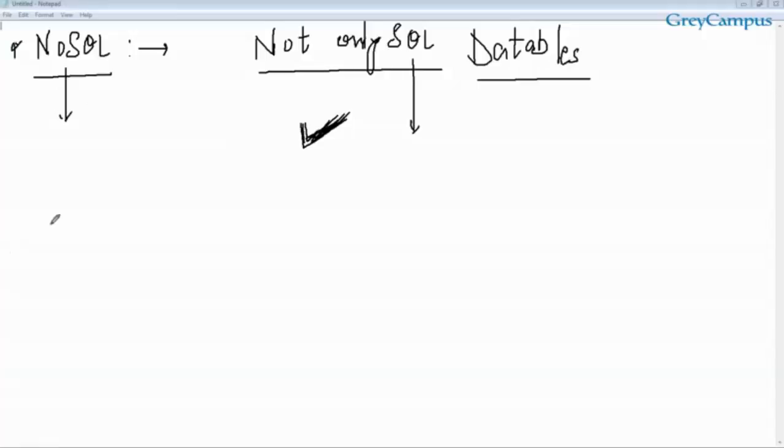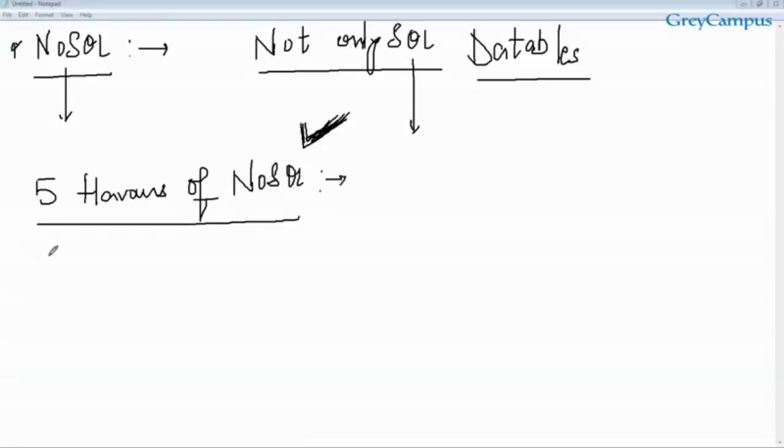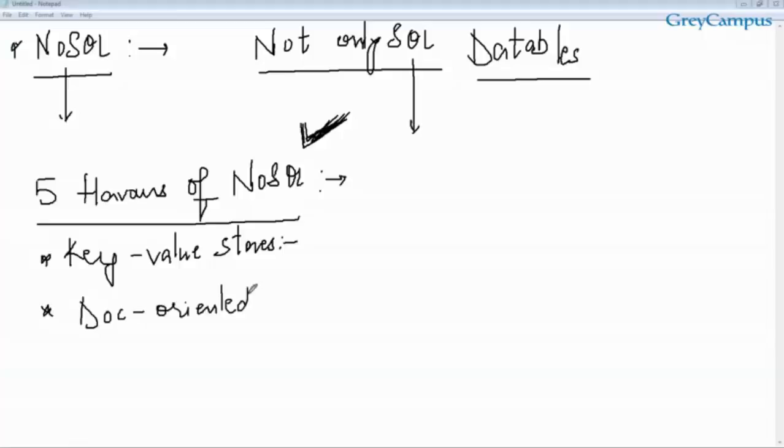So basically there are 5 flavors of NoSQL. First one being key value stores. Document-oriented data stores.